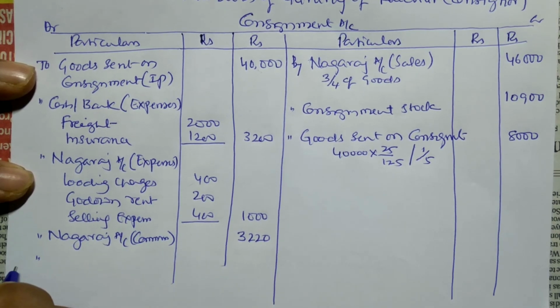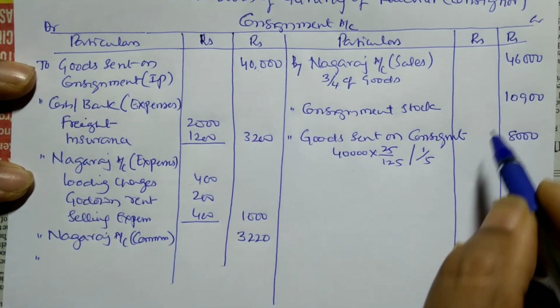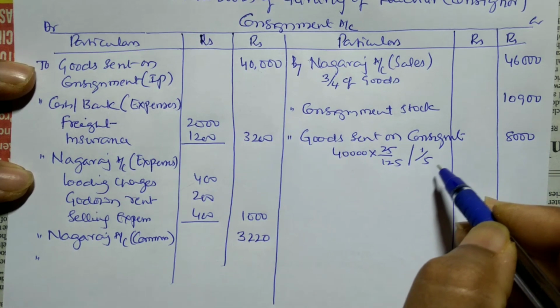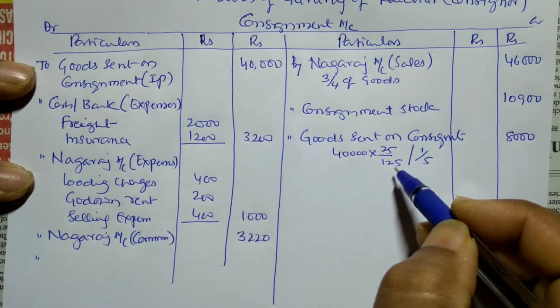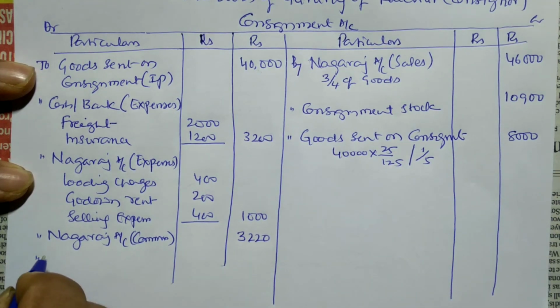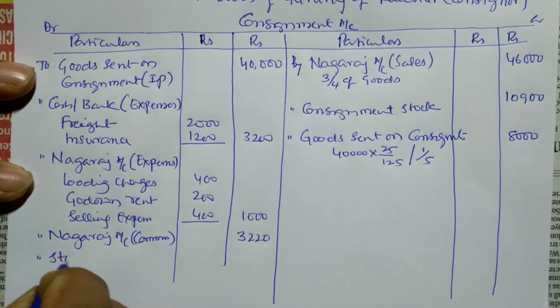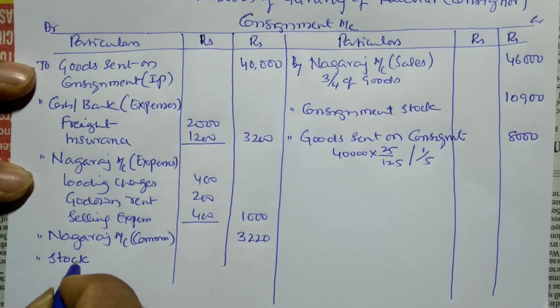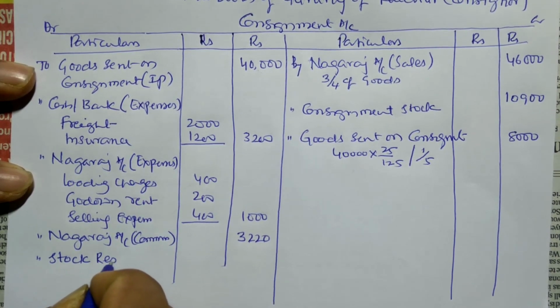In a similar way, consignment stock is 1/4 of 40,000, that is 10,000. The loading included in consignment stock must be cancelled by writing stock reserve.